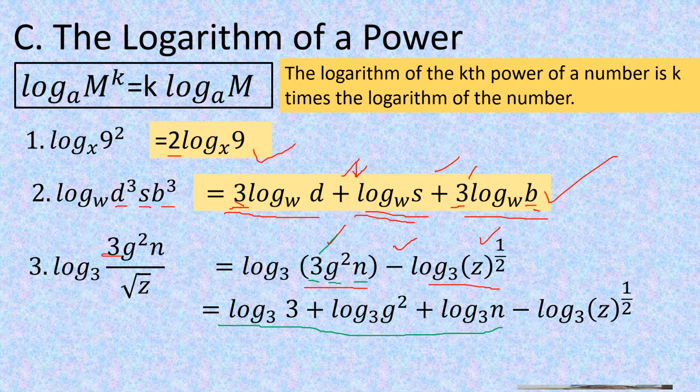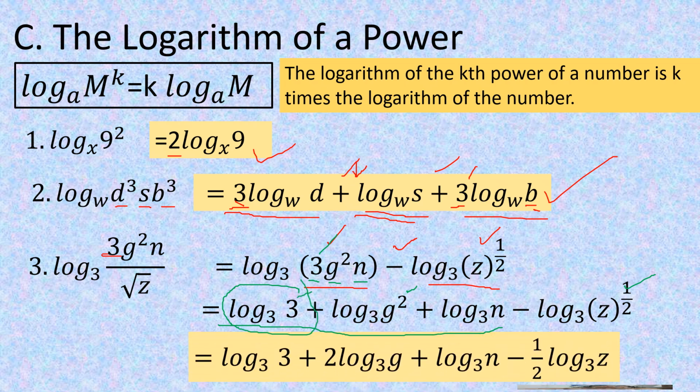So the next step is, remember that the g has a power of 2 and the z has a power of 1/2. So what shall we do with them? We will be applying the logarithm of a power. Since the 3 there has no power, we will be rewriting it. So we were able to rewrite the first term here.